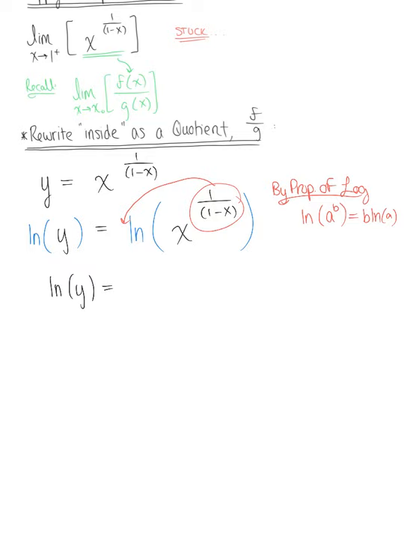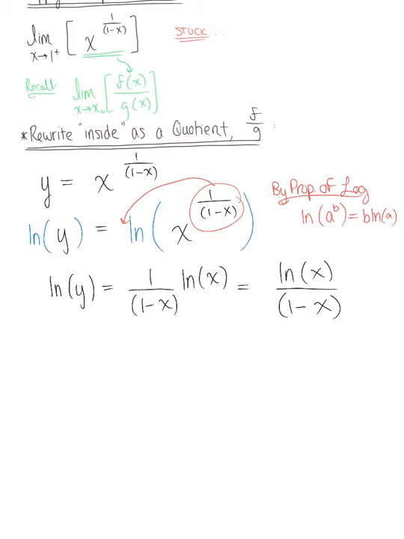So applying that here, we have the natural log of y is equal to 1 divided by 1 minus x multiplied by the natural log of x. And so now we see that we have a quotient, the natural logarithm of x all over 1 minus x.